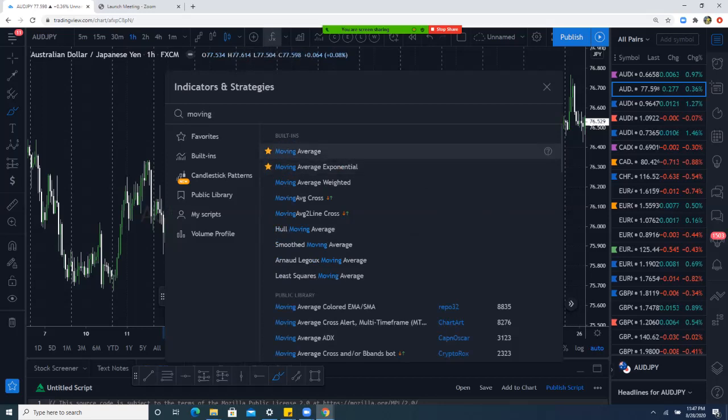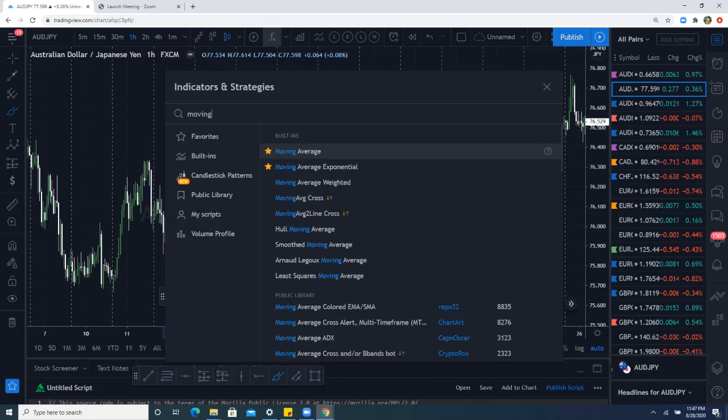A simple moving average does exactly what I just explained: it takes the last 20 periods, makes an average price, then continues to make an average price and creates a line from that average.